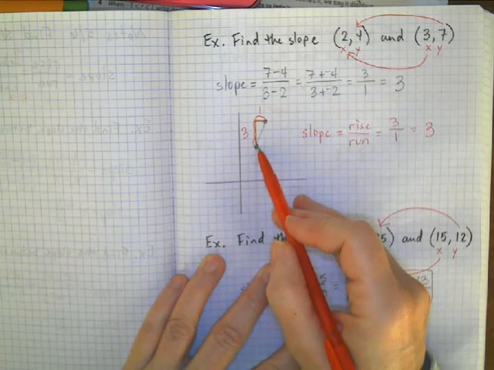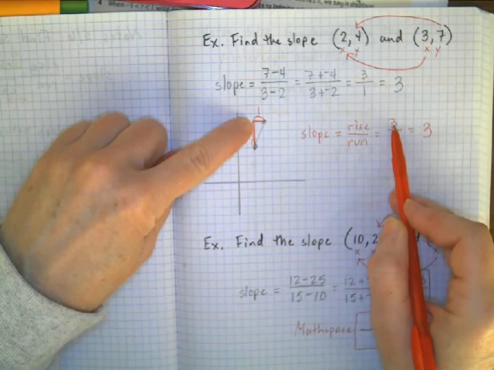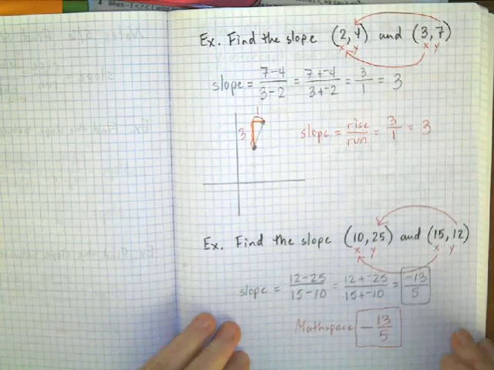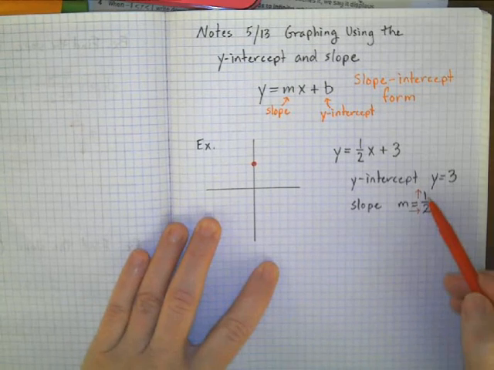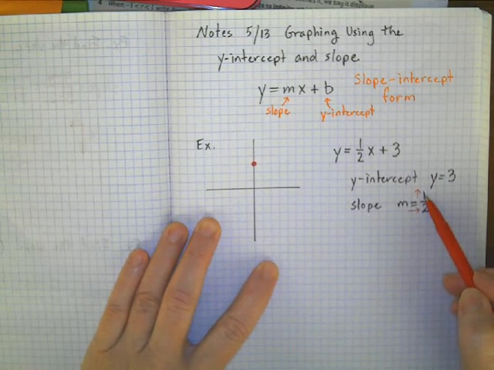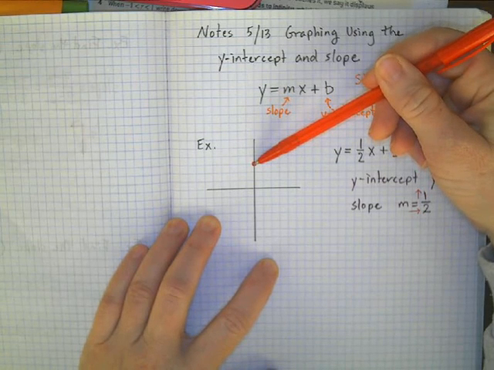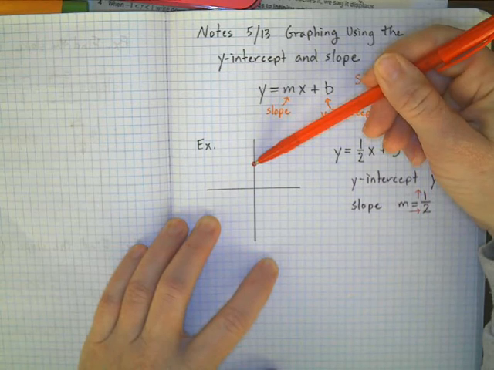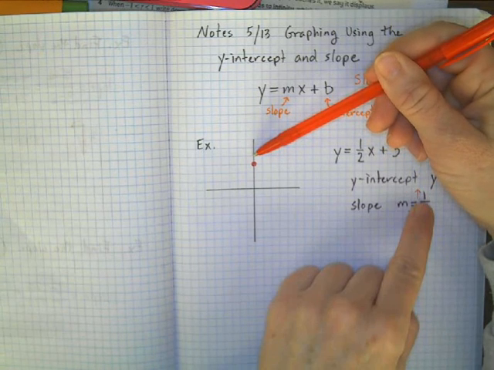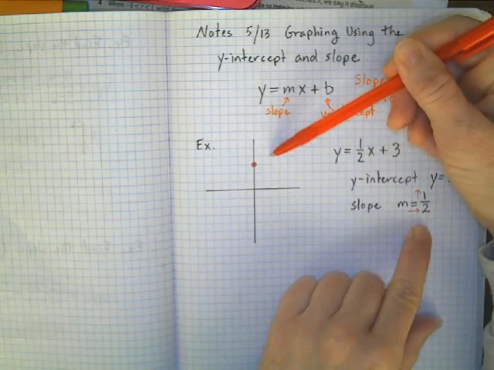From one point to the next, I rise 3, and I run 1. So we can now do that right here. We're going to rise 1, and we're going to run 2. From my y-intercept, I can get my next point by rising 1 and running 2. 1, 2. So I'm right here.